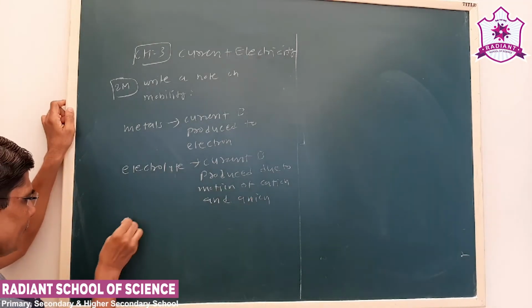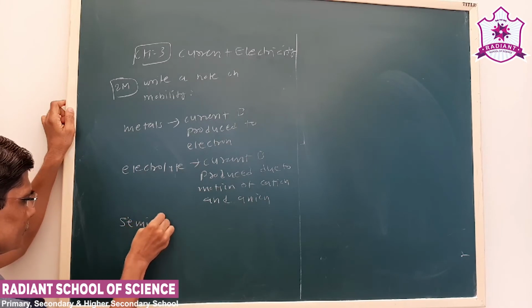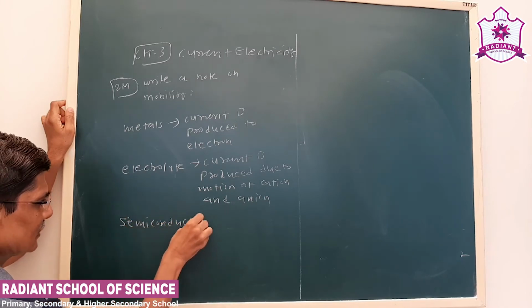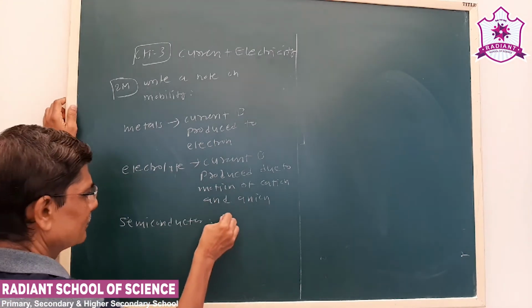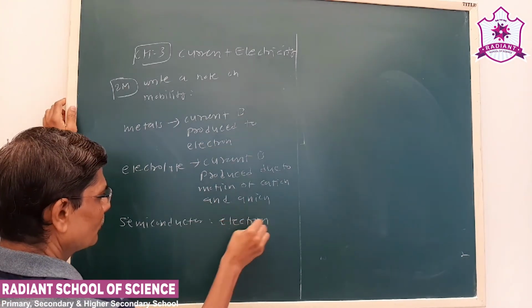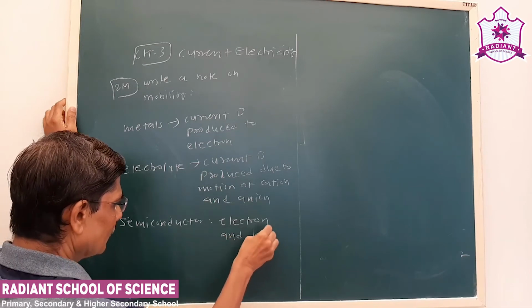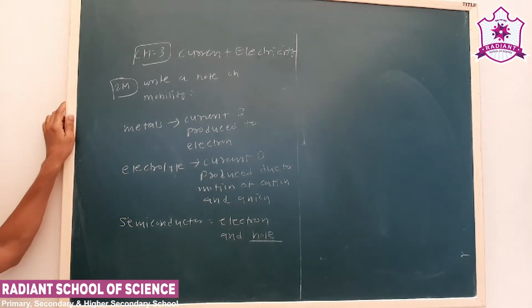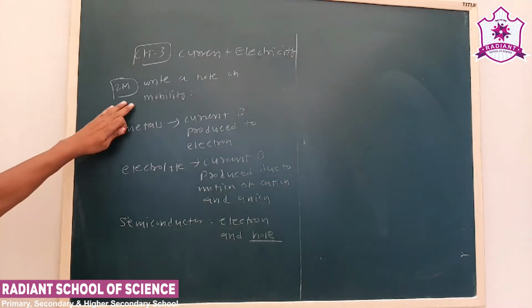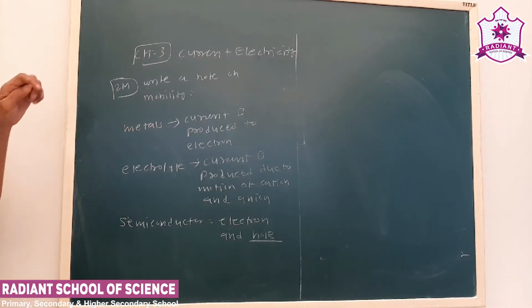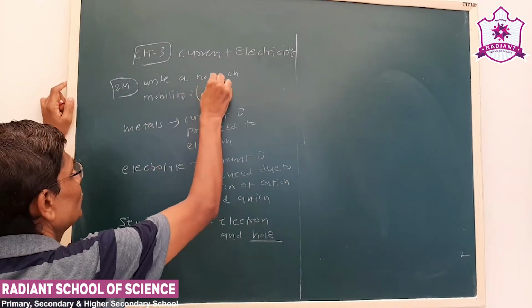And in semiconductors, now we have a separate lesson dedicated to this, current is produced because of electrons and holes. Now this one is new for us, but that we'll study in detail in lesson number 14. Now coming back to our mobility here. Mobility is denoted as mu.